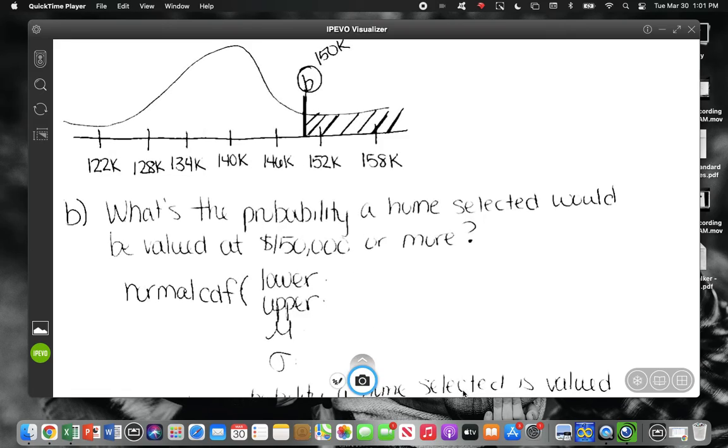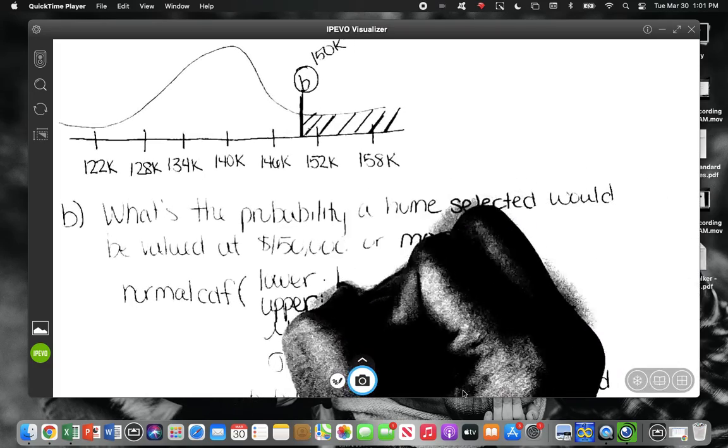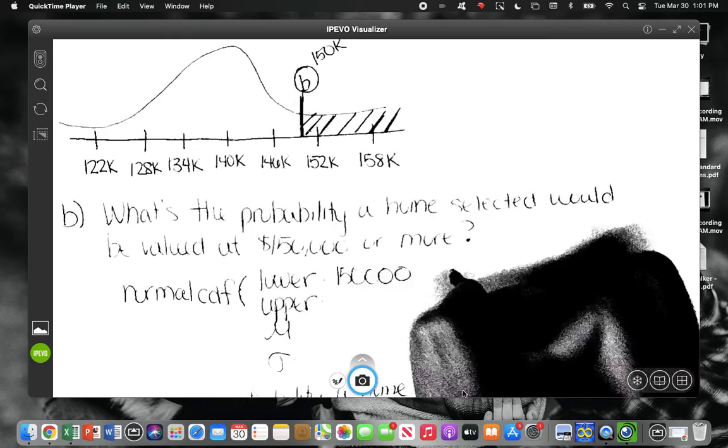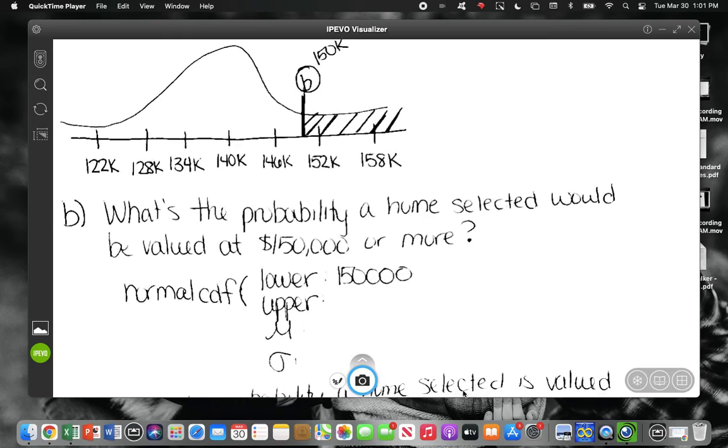And we are going bigger. So what did you guys put for your lower? 150,000. Now whenever you type it in here, you do have to put the zeros to make it work. Now what did you guys put in for the upper? You put 200? Did anybody put anything different? You did 180? I did 165.